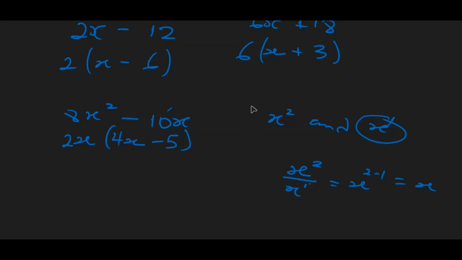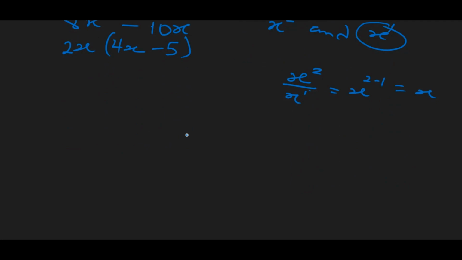Let's take more examples here. We have, let's make it 32 rather. So we have 32x plus 8x squared.